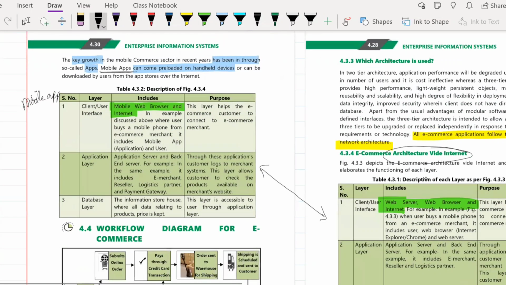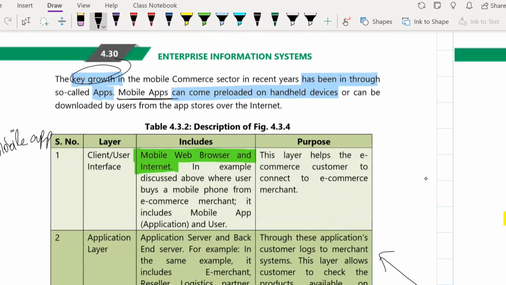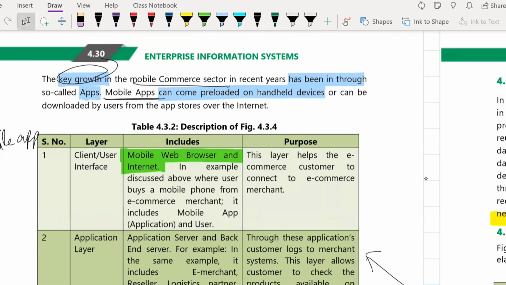So here what they tell you is the key growth in the mobile commerce sector in recent years has been because of the apps only. Because of mobile apps only, e-commerce has grown even more, because it becomes way easier. In India, there might be 40 to 50% of the population who do not have a laptop, but almost 80% of the population might have a mobile phone.